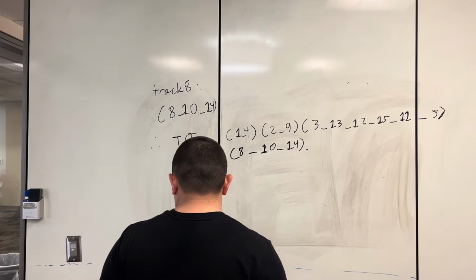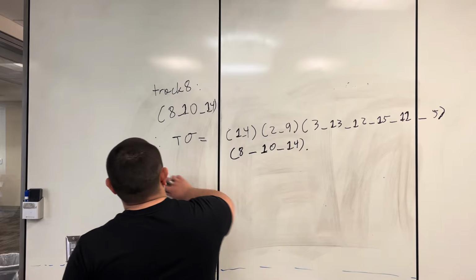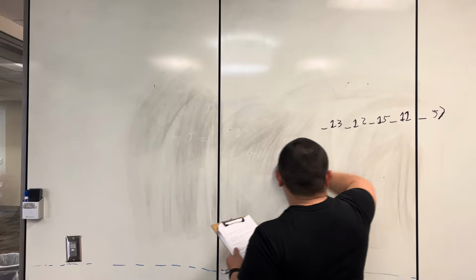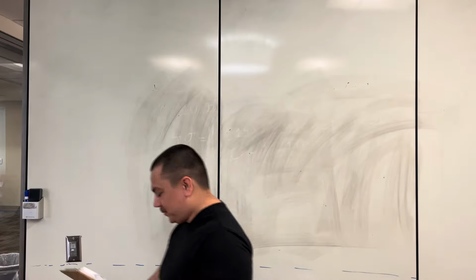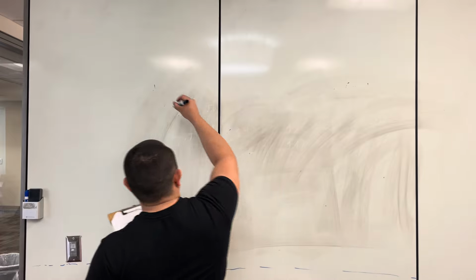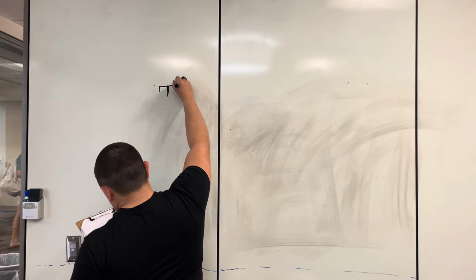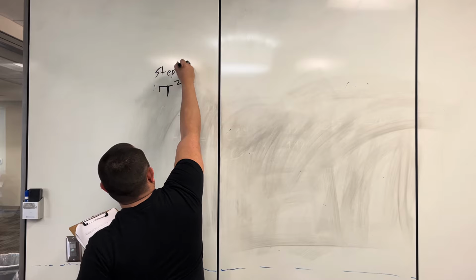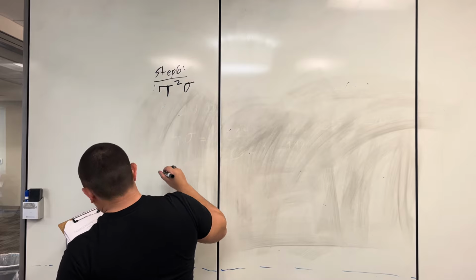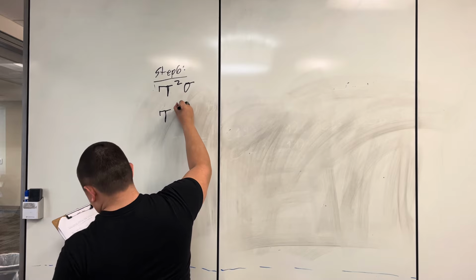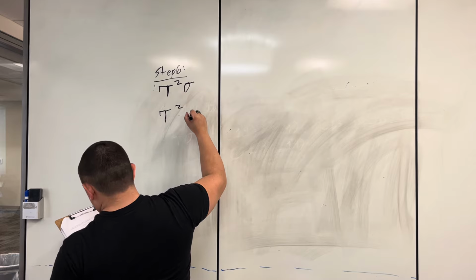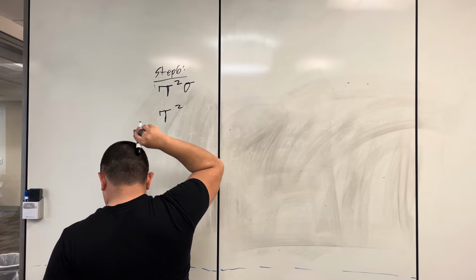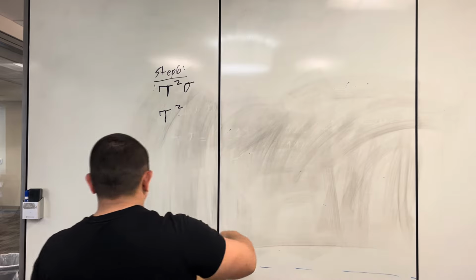Okay, now on to tau squared sigma. The closer we get to finishing off this one, right? Step 6. Tau squared from step 2. So compose that with sigma. What did we get? I can't remember.